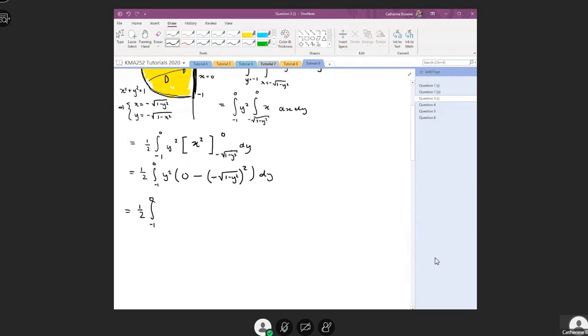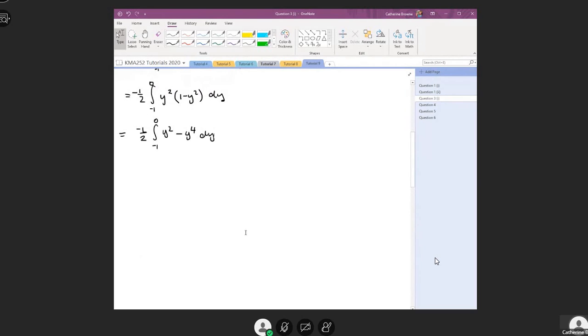So I'll take this minus out the front. This minus becomes positive. Minus 1 squared is just 1. And so I get y squared by 1 minus y squared dy. So that's y squared minus y to the 4th dy.